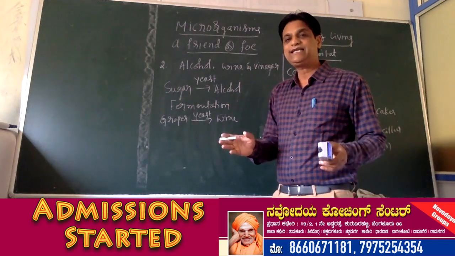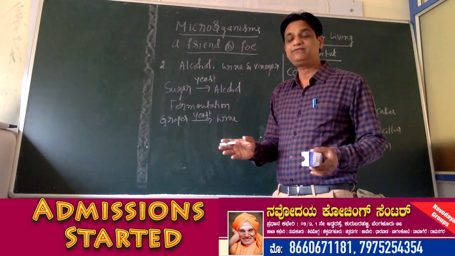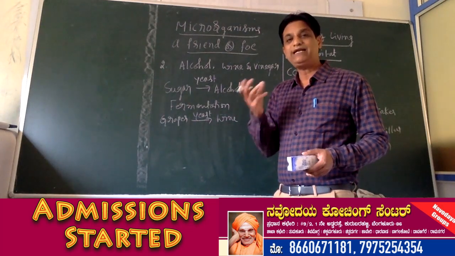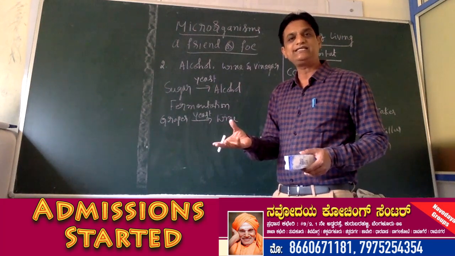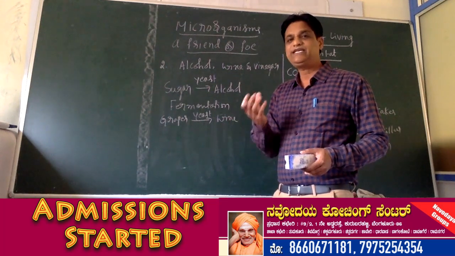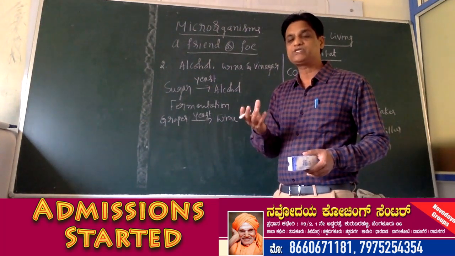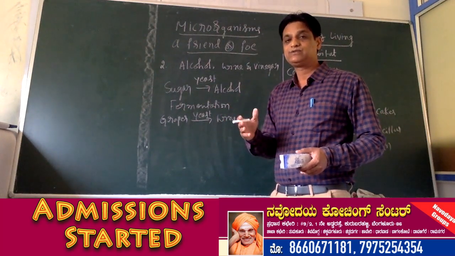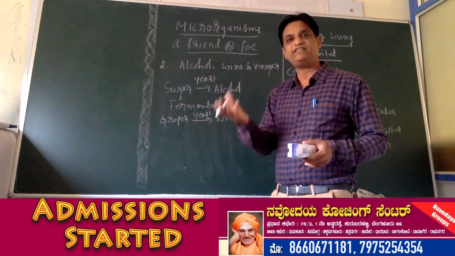See, yeast has the capacity to multiply in an acidic medium. Yeast is a single celled organism. So yeast multiplies through a process called budding. Bacteria multiply through a process called binary fission.